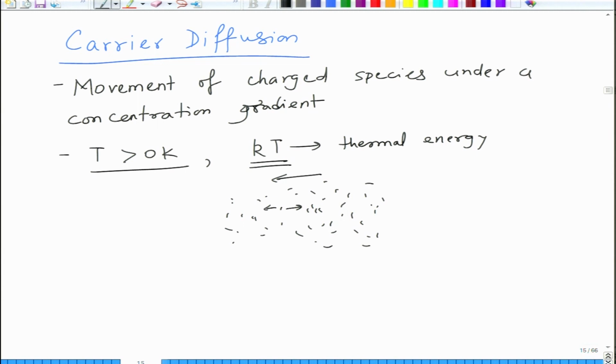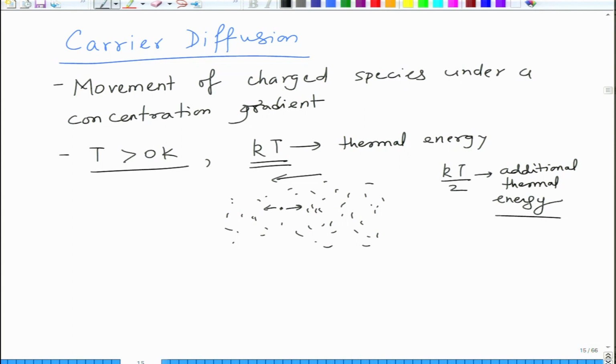Now, since any species at a given location has a probability of moving to either right or left, we say that the thermal energy available to a species to move in one direction is kT by 2. So, kT by 2 is the additional thermal energy which drives the diffusion process.